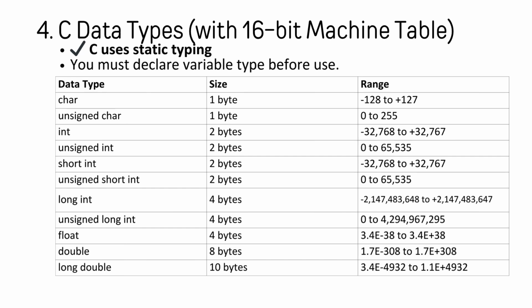Integer or short integer needs 2 bytes of memory, and unsigned int or unsigned short needs 2 bytes of memory. Long int needs 4 bytes of memory. Unsigned long int needs 4 bytes of memory. So these ranges help you choose the right type of data depending on the data you want to store.